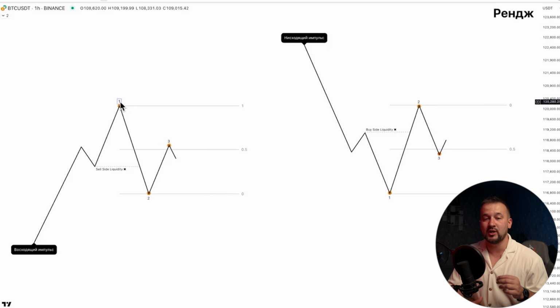The first stage is the formation of the swing high, from which the downward impulse and a correction begin. During the correction, local liquidity is withdrawn for sale, and this leads to the second important event, the formation of a falling extreme, which becomes the potential lower boundary of the range.